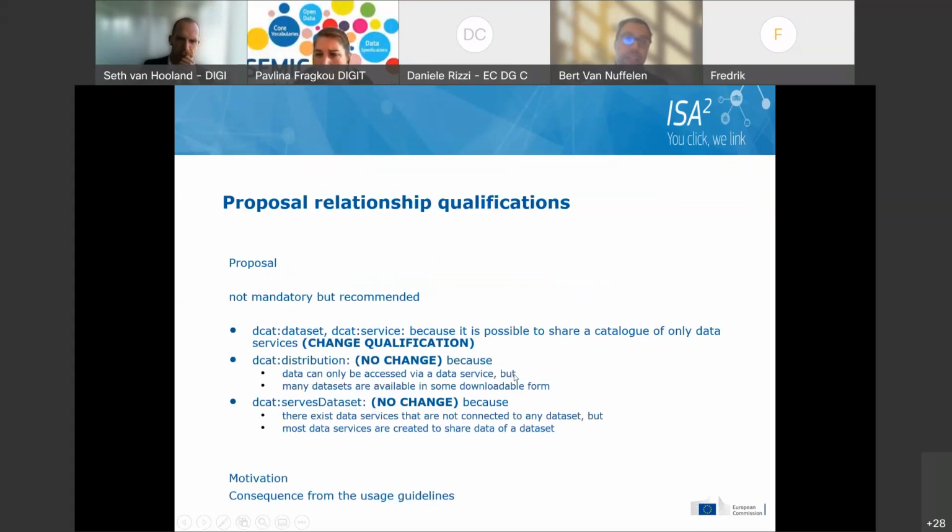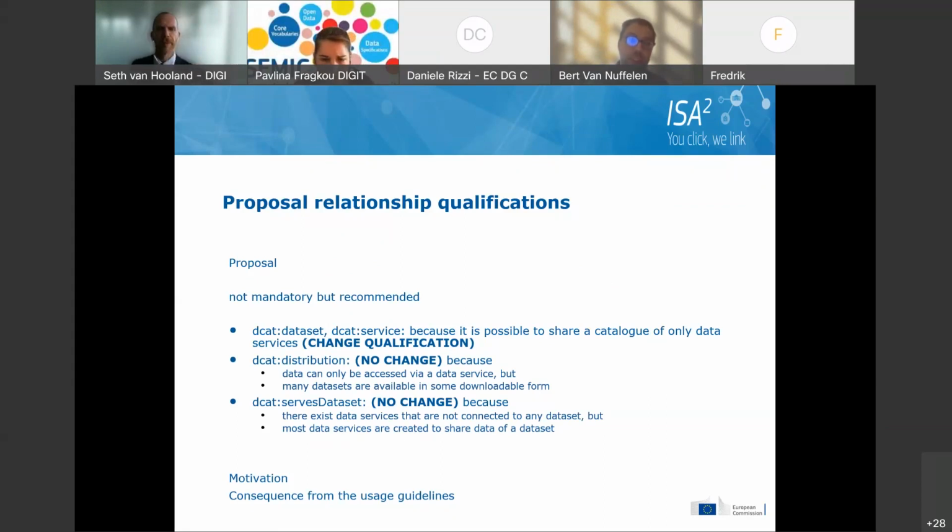A second thing is, if we look from that perspective, then there were some related issues on what is mandatory and what is recommended of the relationships and the key relationships. And if we look at that, then we have three key relationships. DCAT dataset and DCAT service indicate the entities that are located in the catalog.